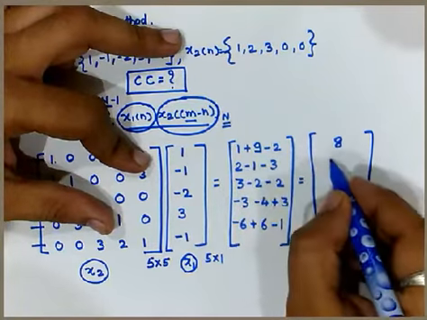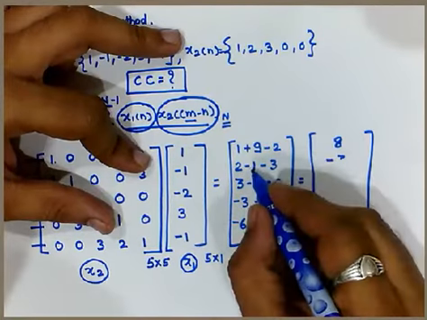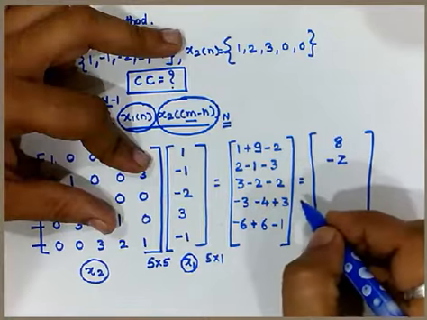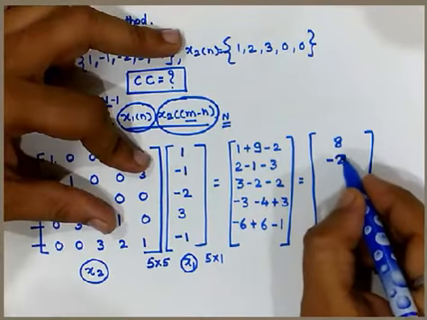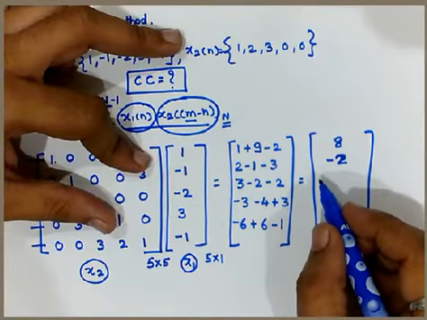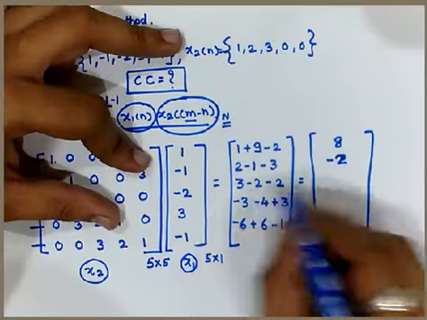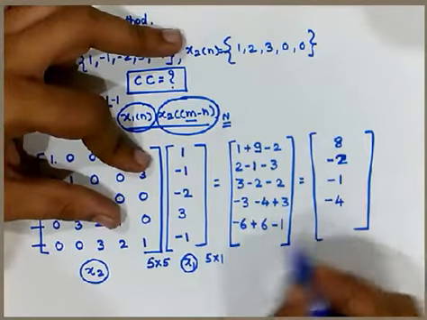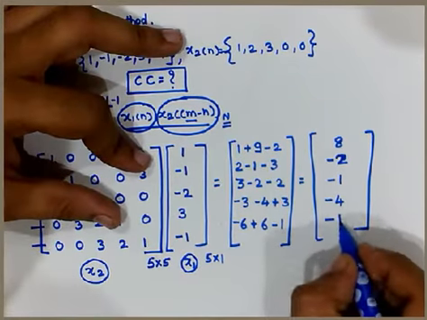The next value is minus 4 minus 4 plus 2, so this will be minus 2. Next value is minus 1, then minus 4, and finally minus 1.